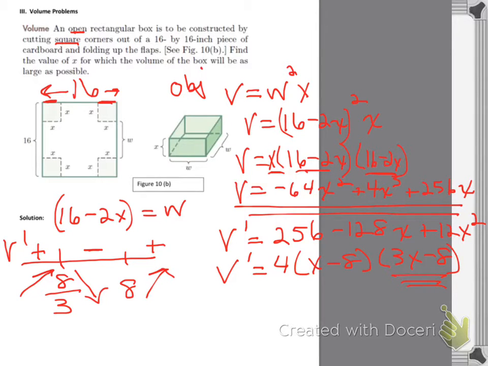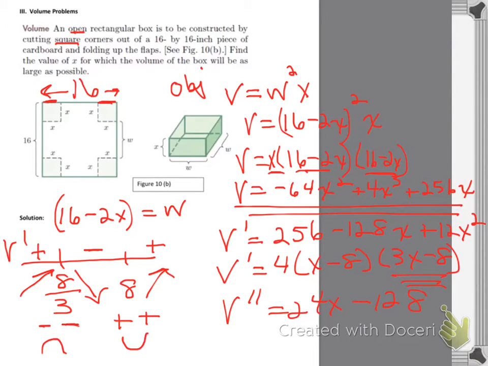So when I do a second derivative test, what I find is my second derivative equals 24x minus 128, and that tells me when I plug in 8/3, I will get a negative. A negative for a second derivative test tells me I have a max for the volume. If I plug in an 8, I'll get a positive second derivative. That tells me I have a min.